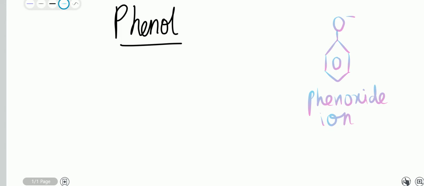Okay, and like I mentioned last time, benzene is C6H6, and when we remove one hydrogen we have C6H5, which is phenyl.